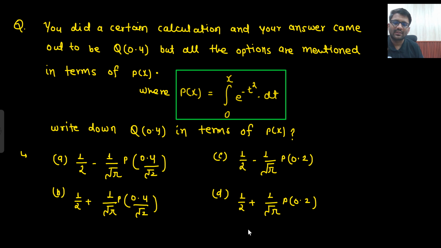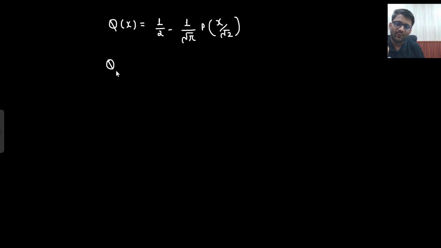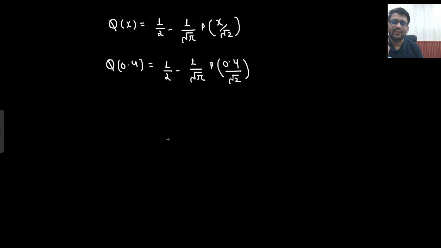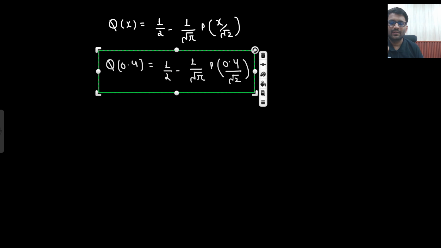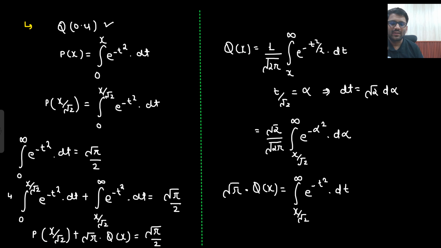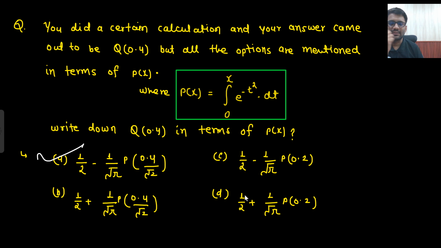So what was your answer? Q of 0.4 was your answer. So your Q of 0.4 will be equivalent to 1 by 2 minus 1 by under root pi P of 0.4 divided by under root 2. There you go, this is the answer.